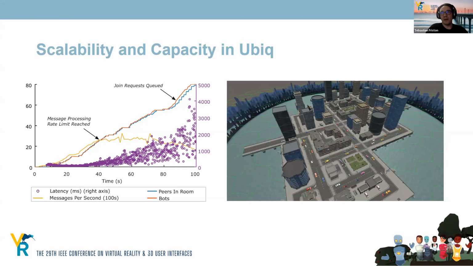To summarize what we know about capacity in Ubik so far, firstly, all these tests were server focused, which we consider to be the first bottleneck of the system, because this is what we expect the most common configuration to be.